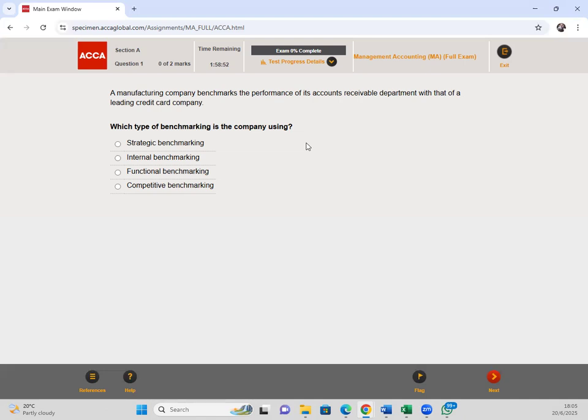Before we can just speak the correct answer, there is need to first of all understand what benchmarking in this particular instance is. So if you are talking about benchmarking, what does it cover? So benchmarking, who can help? What is benchmarking?